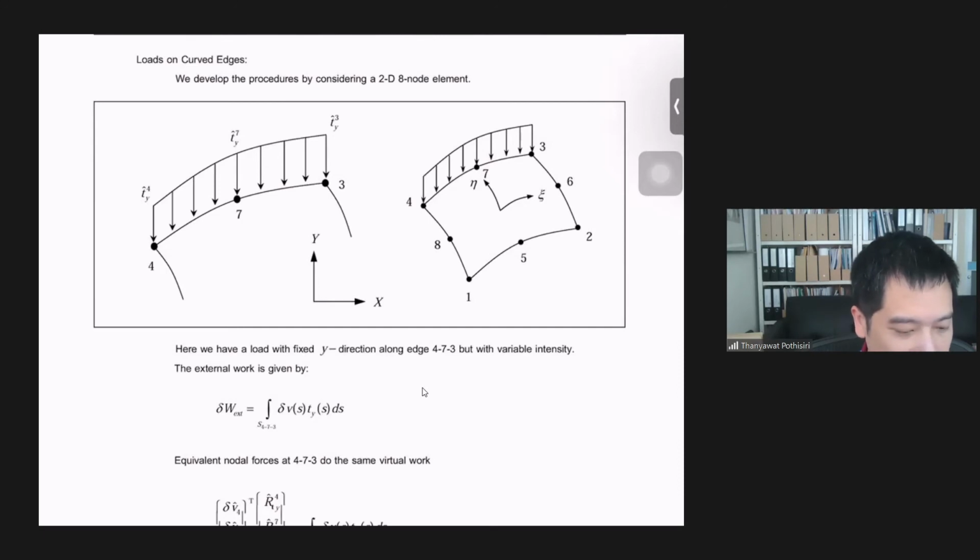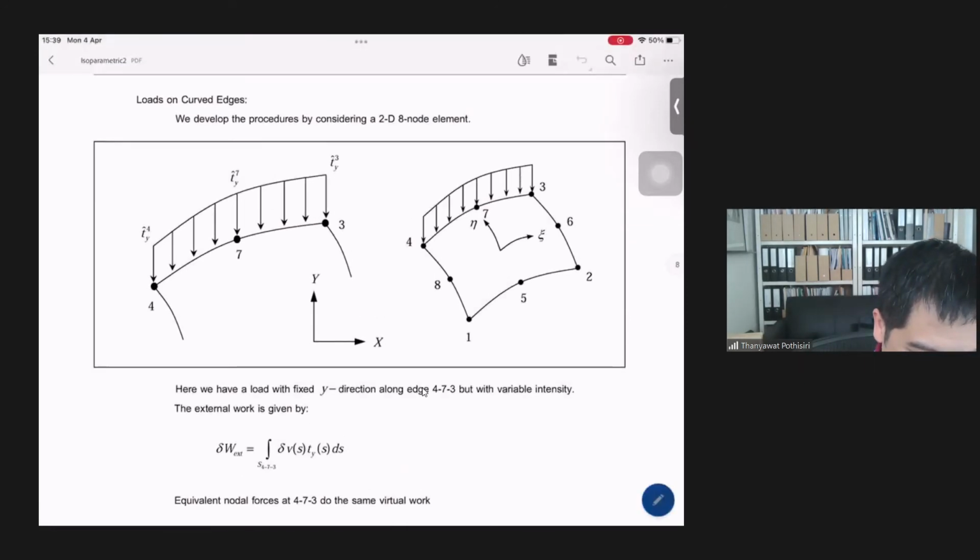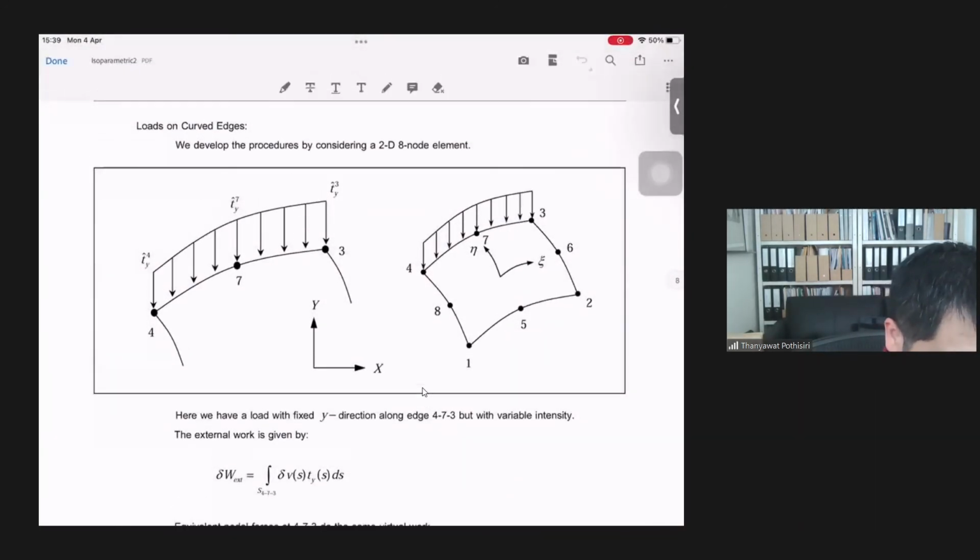Okay, so in this first case, suppose we have a surface traction acting in only one direction. So we have surface traction acting only in the y direction in this example.